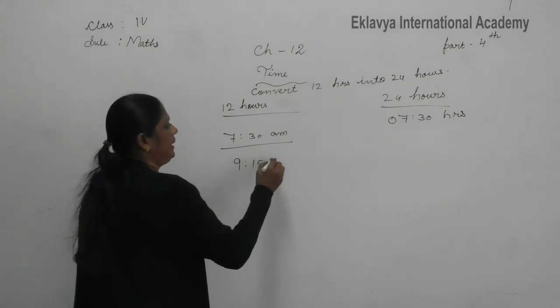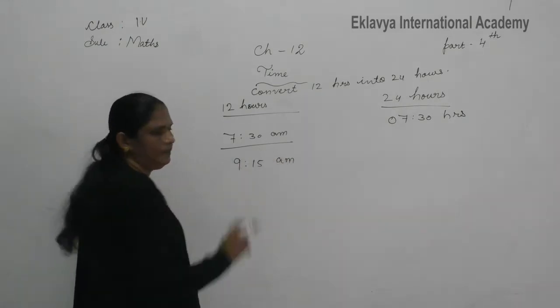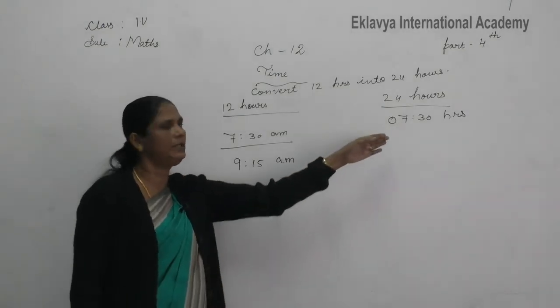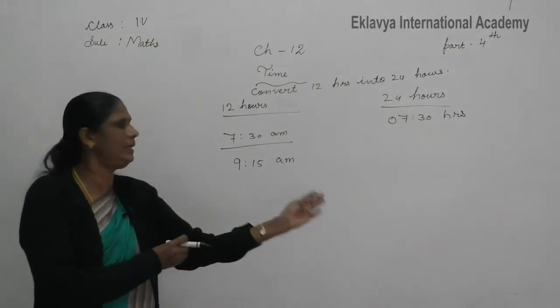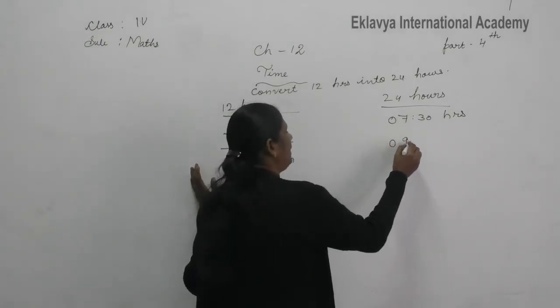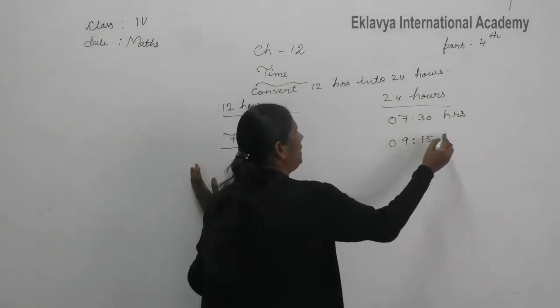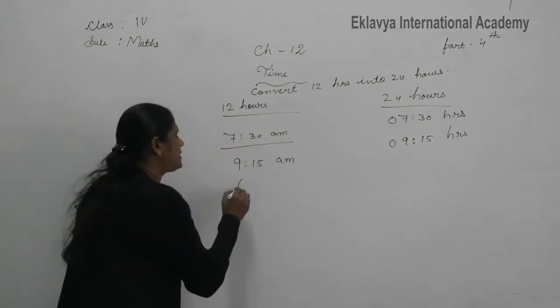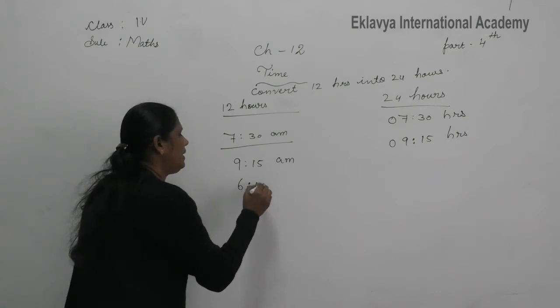Then 9:15 AM. How to write this in 24 hours time? We write 9:15 hours. Again, 6:40 AM.